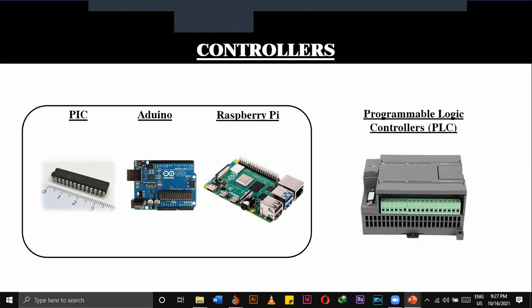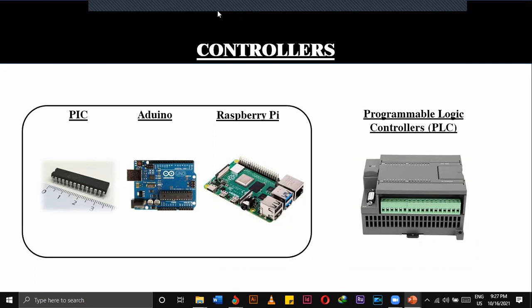It will be used in large machinery in factories. We will not discuss PLC programming in our basic course. If you want, you can learn about it in the advanced course. It controls the sensors, actuators, motors, etc.